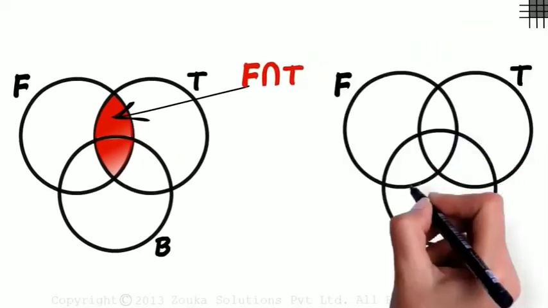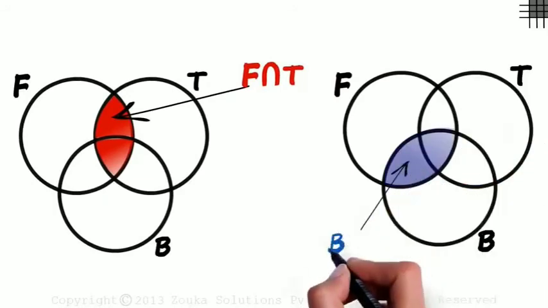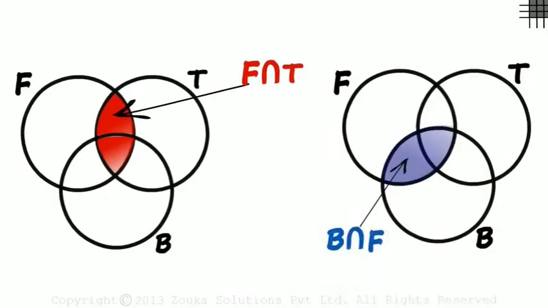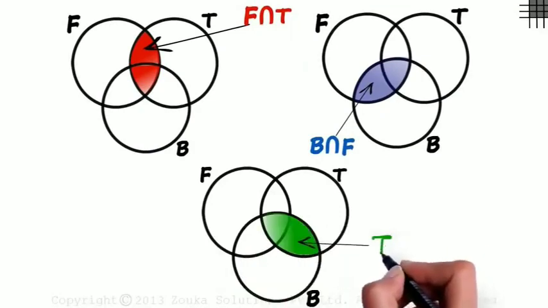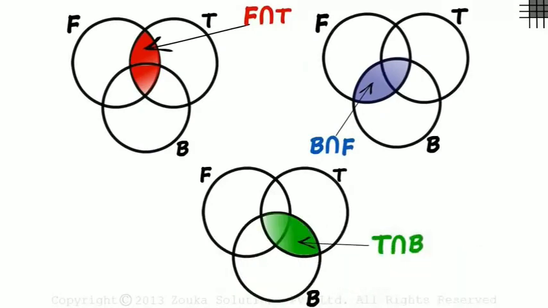And what about this dark blue region? It is B intersection F. And this green region is T intersection B. Once you know how to recognize the regions, you will love solving Venn diagram problems. And I would recommend practicing the understanding of regions well before practicing any examples.